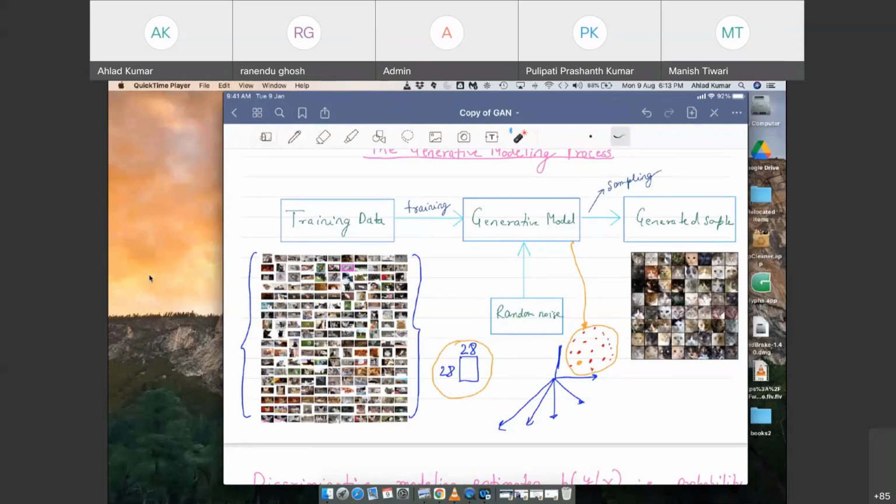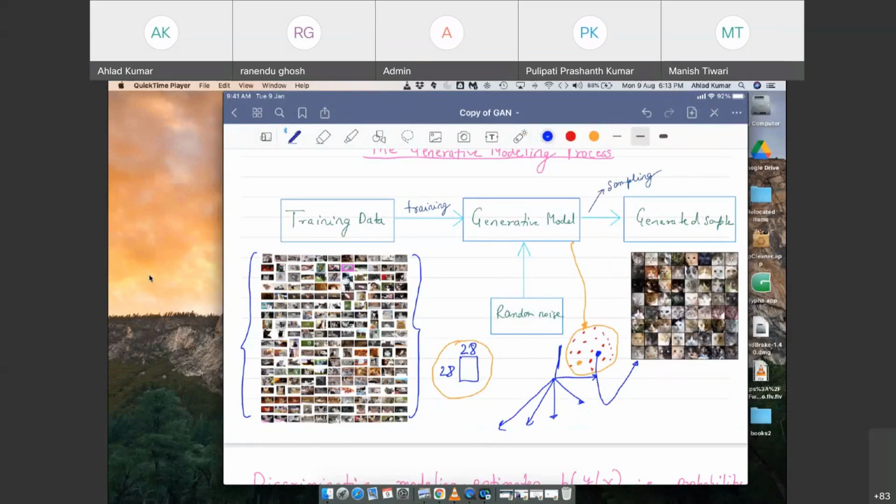So let us say it is this one. This point is a new point in this probability distribution. So this corresponds to a new point, and for that, it will generate a new cat image. That is basically the whole idea of generative modeling.